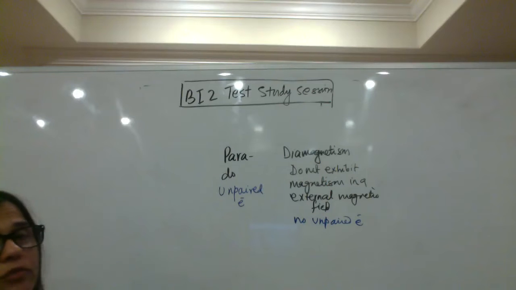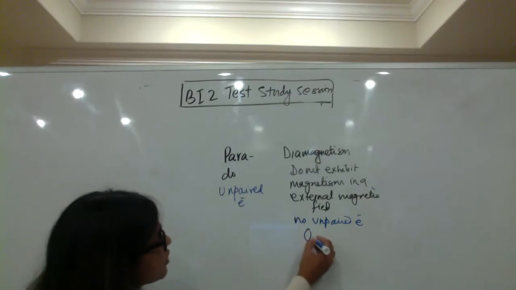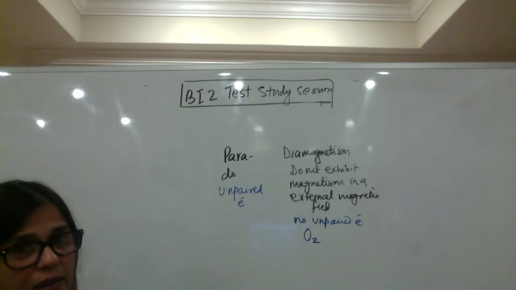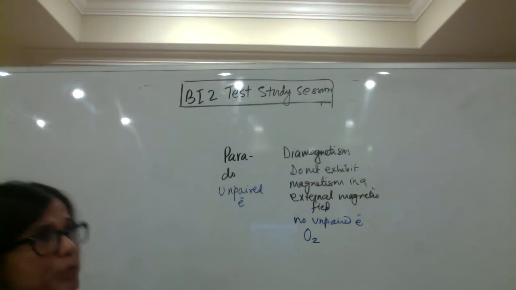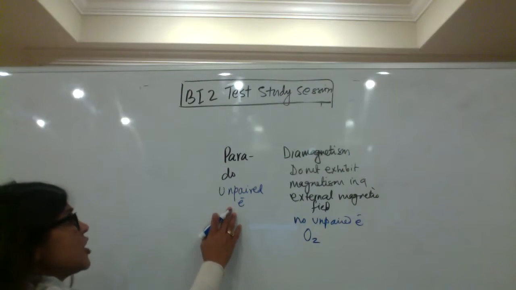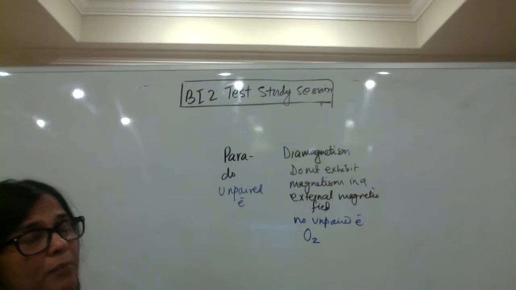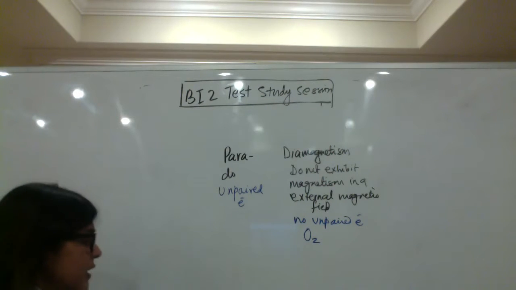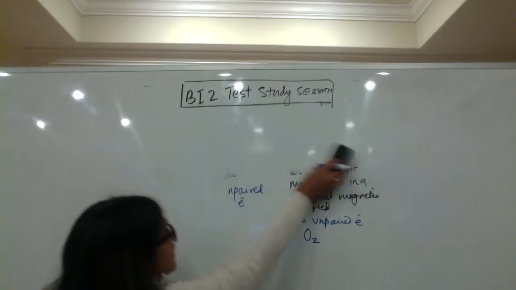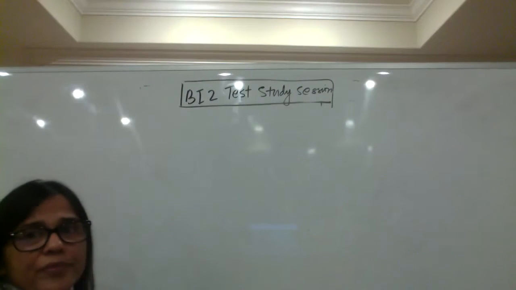The other connection we had is we always thought oxygen was diamagnetic, but in laboratory, scientists observed that oxygen acts paramagnetic, and that led to them coming up with MO theory. So that is para and diamagnetism.